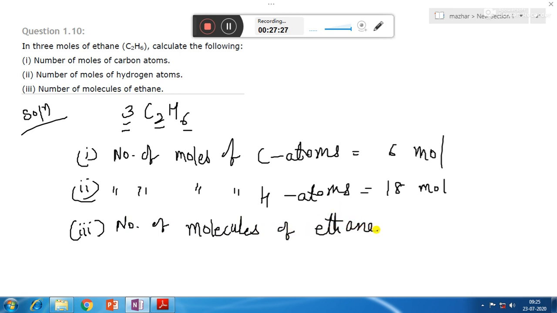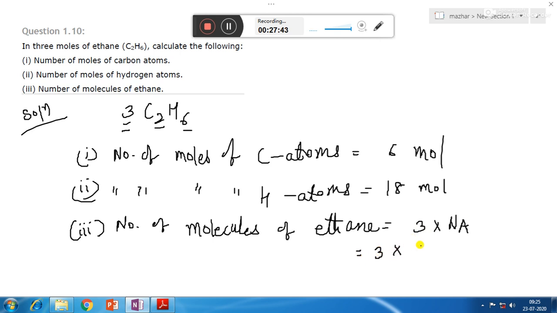Now in 1 mole of ethane, the number of molecules will be equal to Avogadro number. Here we have 3 moles of ethane, so there will be 3 times Avogadro number of molecules.